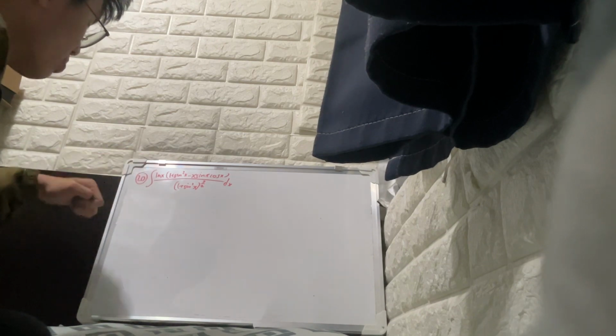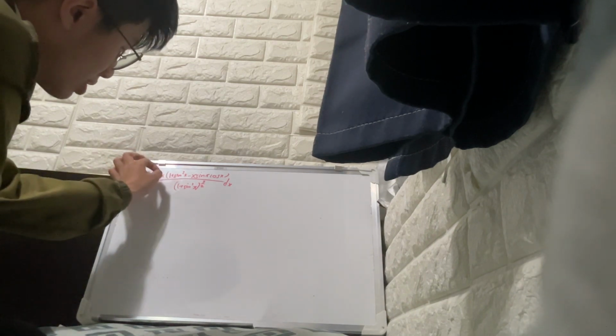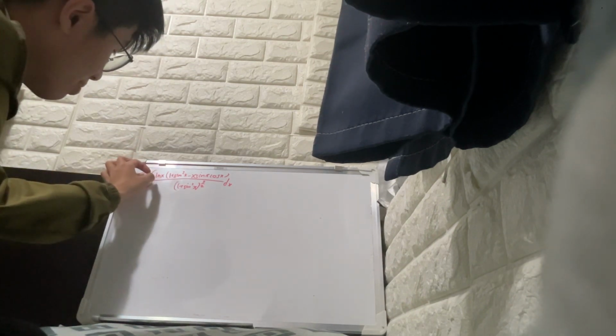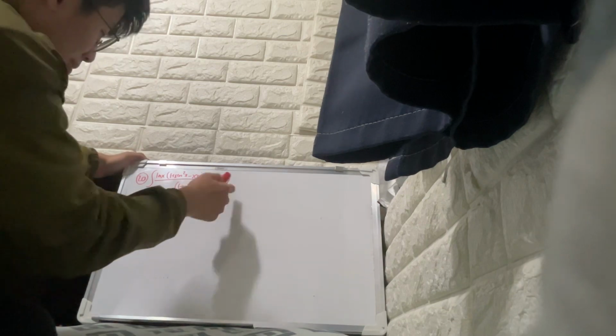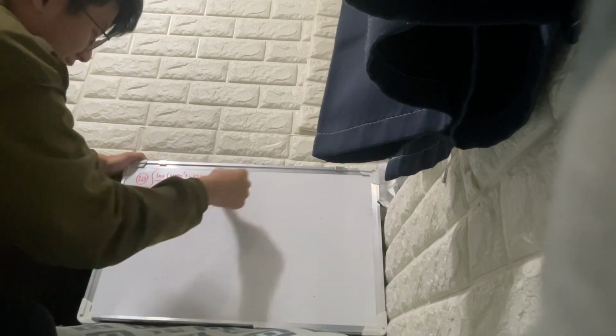Oh. Usually when I see ln x, we like to differentiate this because this is really easy, just 1 over x, right? And if we let u be equal to this, it will be very hard to differentiate, right? I'm not going to differentiate this. It will be too crazy.